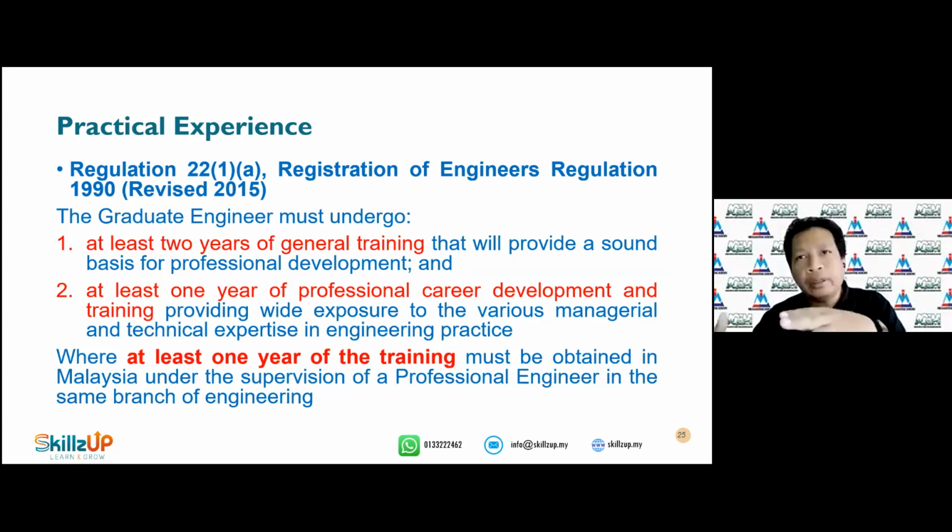But after you register and go to the job market, some companies are doing engineering work, while others are a little bit lenient and have you do, for example, sales and so on.